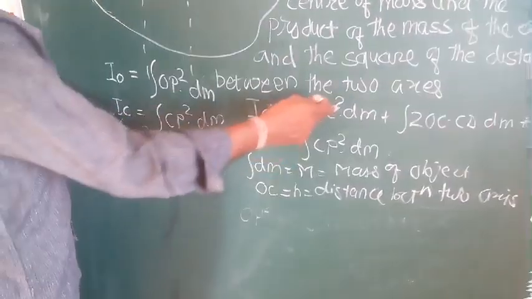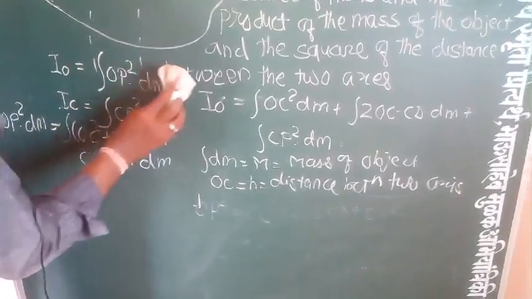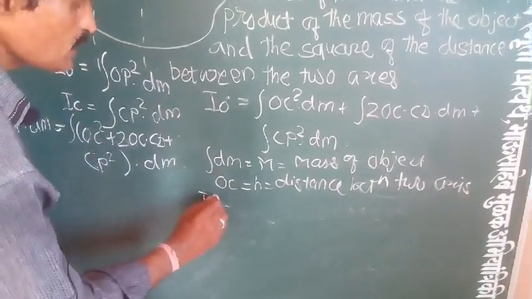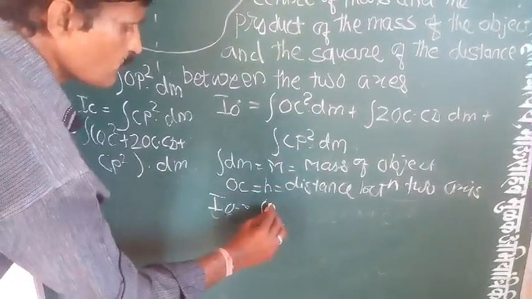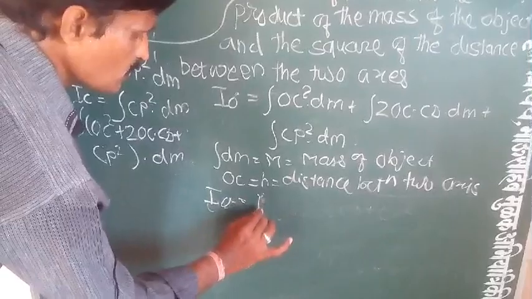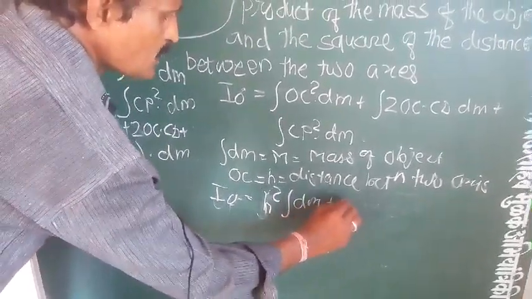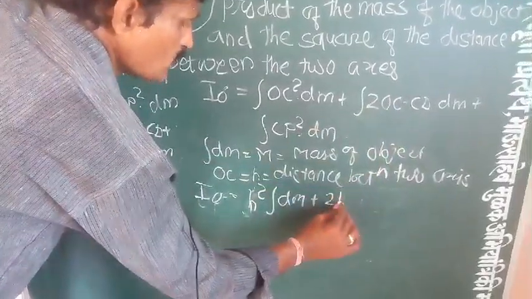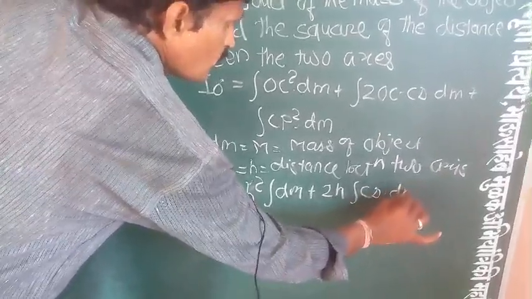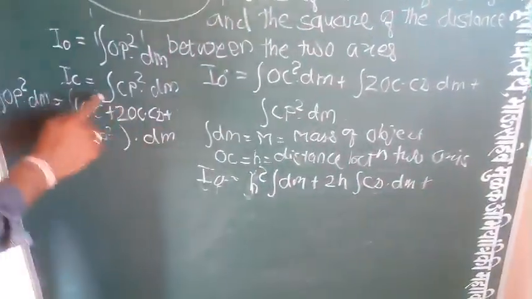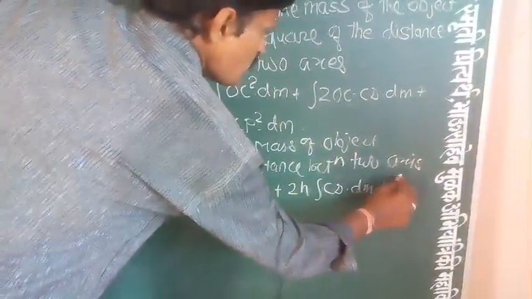So putting all these values in this equation, IO is equal to h square into integration of dm plus twice h into integration of CD into dm plus integration of CP square dm, which is Ic.